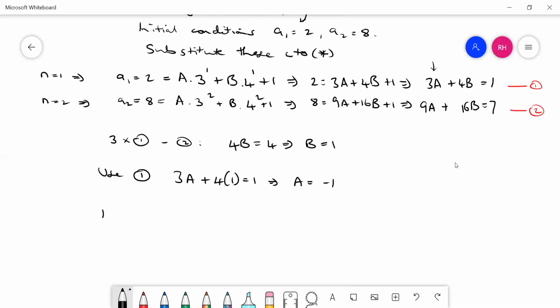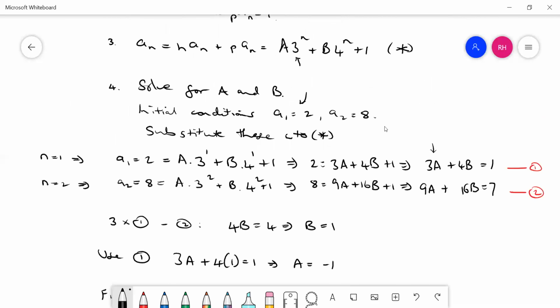Okay, so final answer. So now we know A and B. I'm just going to substitute it back into this here.